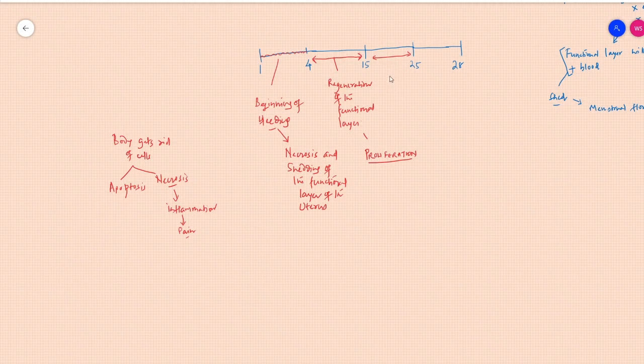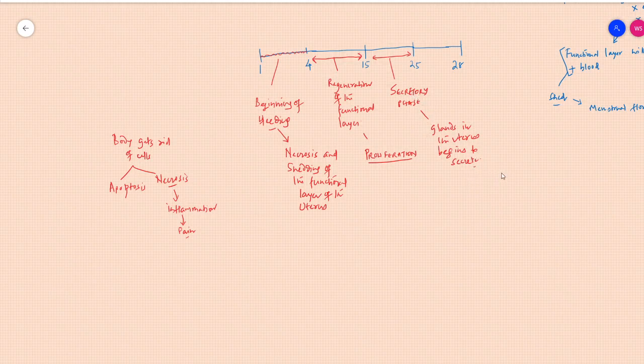That is why it is called the secretory phase. Why is it called the secretory phase? Because glands in the uterus begin to secrete.